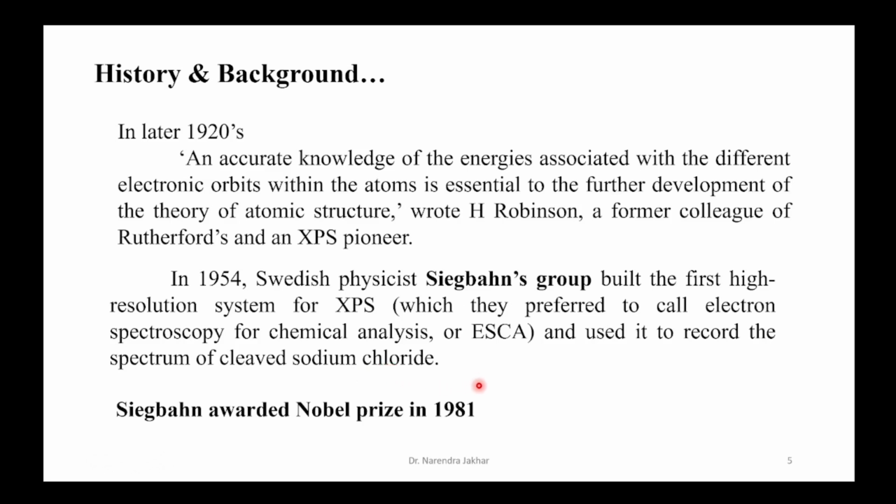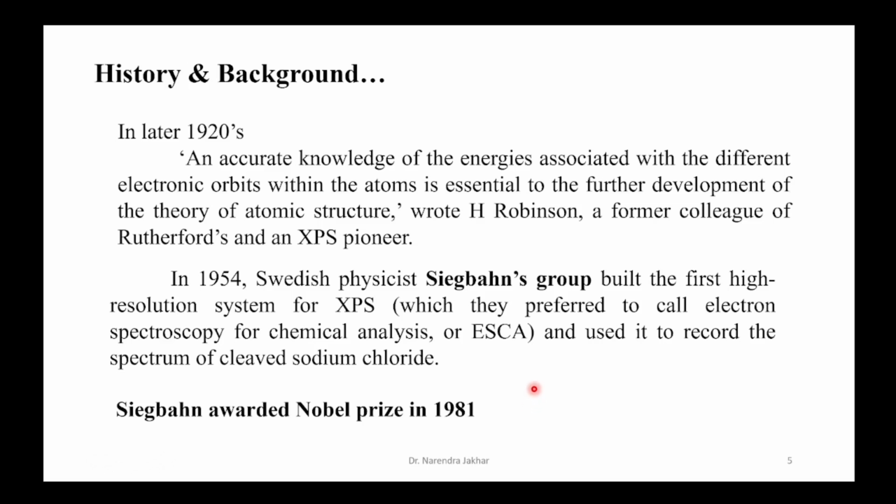Here is an interesting story of Siegbahn. Siegbahn was awarded the Nobel Prize for this discovery of X-ray photoelectron emission, XPS or ESCA, in 1981. Siegbahn was a Swedish physicist, and his father, Siegbahn Senior, was also a Nobel laureate.